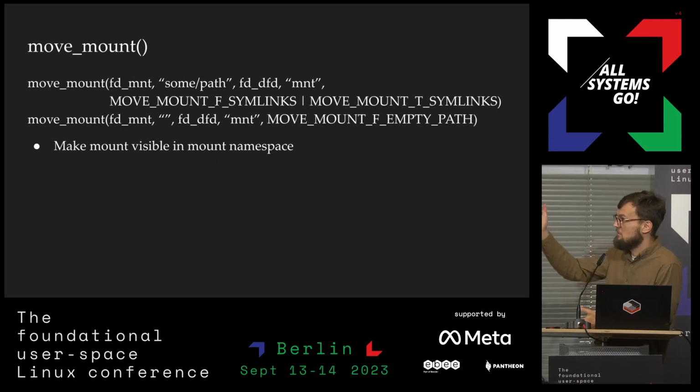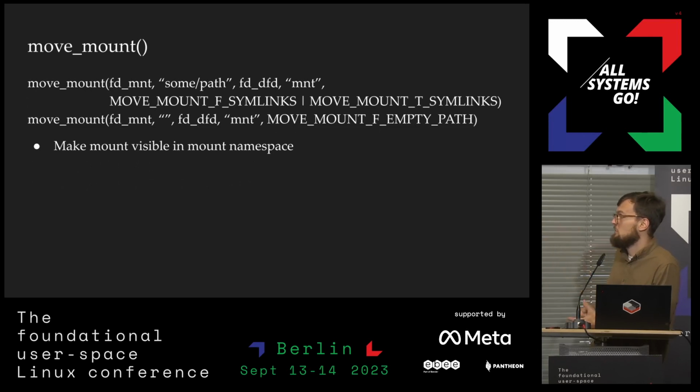You take the mount FD that you just created earlier, you specify a source path and a target path. Again, it's all file descriptor based. In this case, we request that the final path component may not be a symlink for the source and the target.